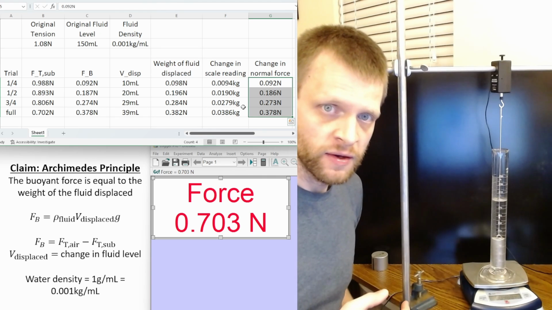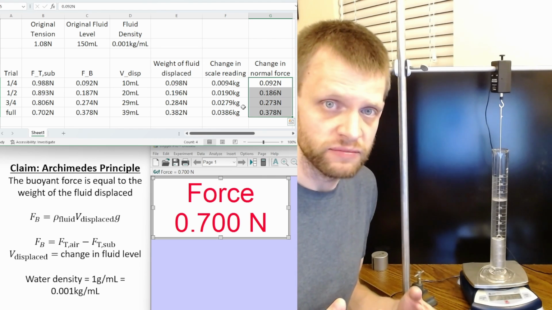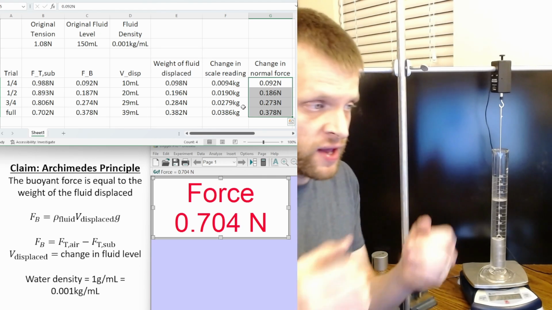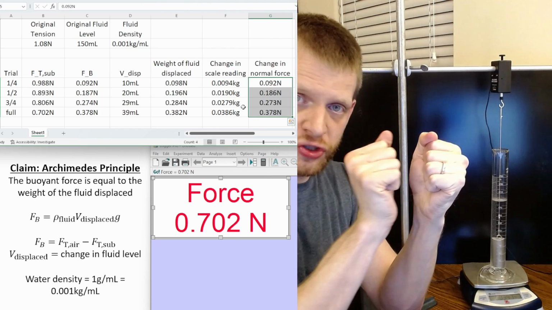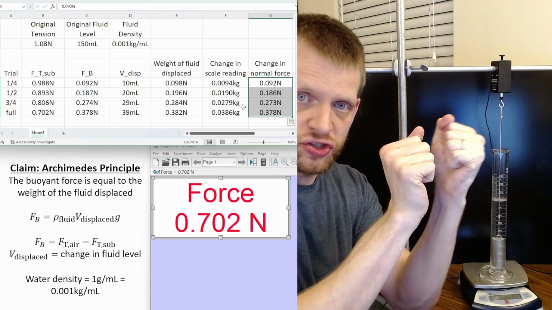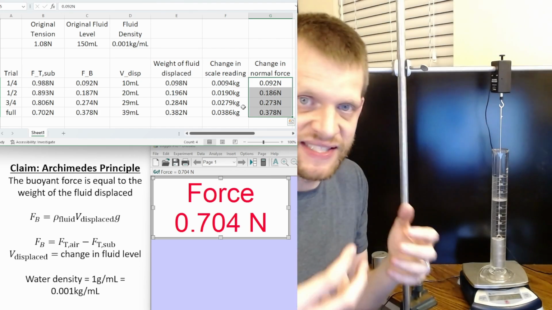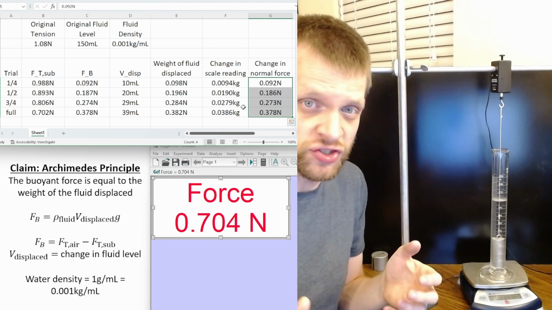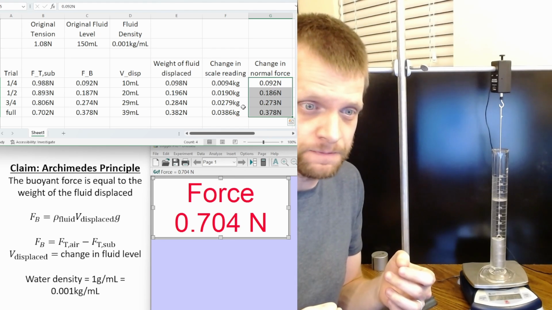Those forces are vectors. They have a magnitude and direction, and when object 1 pushes on object 2, object 2 pushes back on object 1 with exactly the same amount of force, but in the opposite direction.